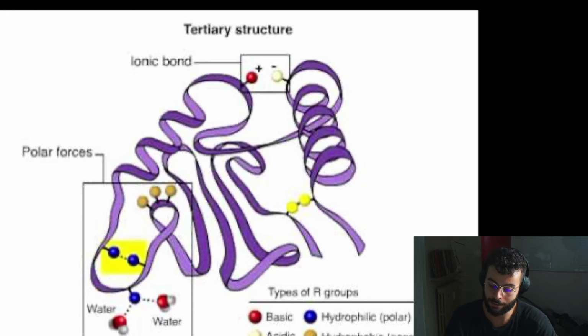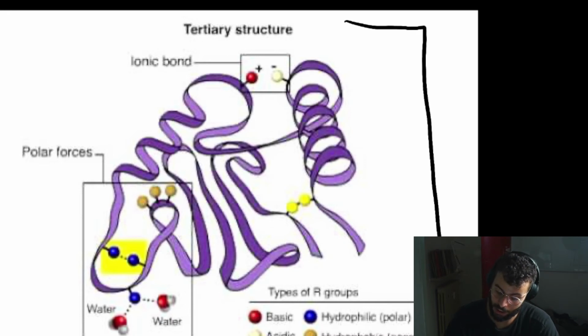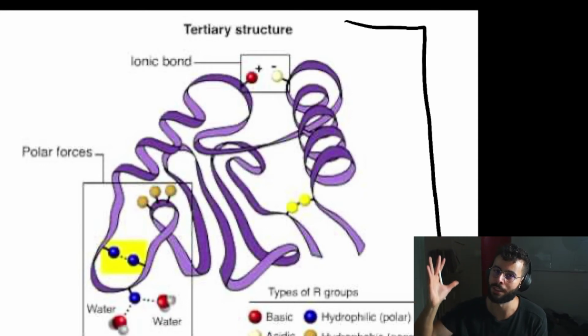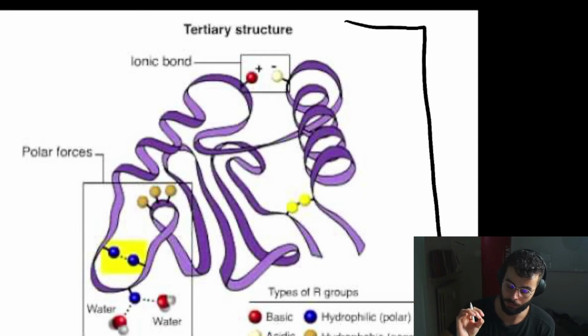So now the tertiary structure is when not only the backbones form intermolecular forces between different backbones of different amino acids, forming specific places in the polypeptide to create either the alpha helix or the beta-pleated sheet. Now we have the interactions between, one, the surrounding water environment, and two, among different R groups.